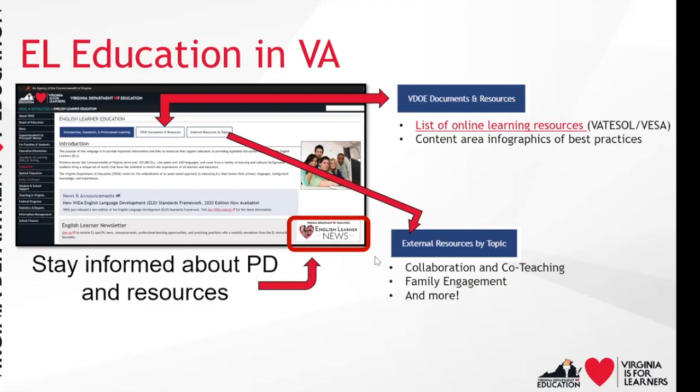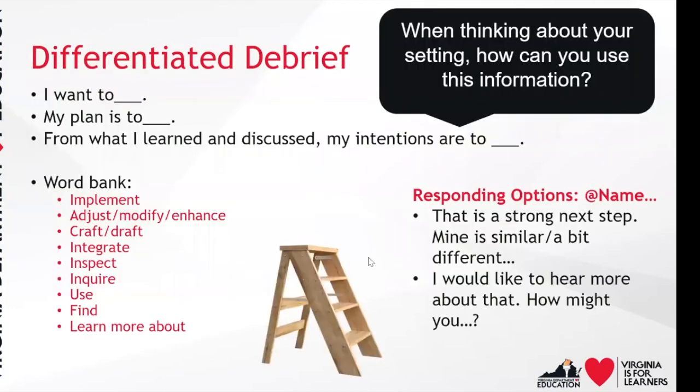with multiple VDOE departments. So just to summarize and do a quick debrief, we have just a minute if you would like to share as you're thinking about the information and the ELD standards, what are some of your next steps or plans? And I also modeled some of the differentiation options and support options. There are sentence frames, there's a word bank, there's a visual.